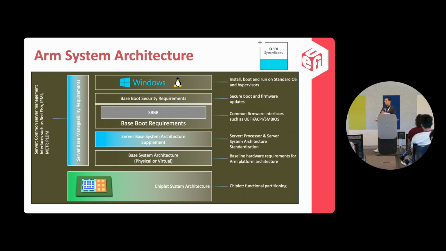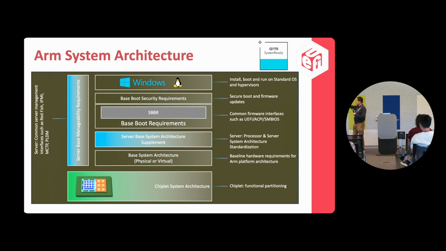So this is like IPMI, Redfish, MCTP, PLDM, all these things that we talked about in the past few days. So this is a little bit ahead of what we are going to be publishing next Monday. So today, I'm kind of giving you a little bit of a hint into next week.